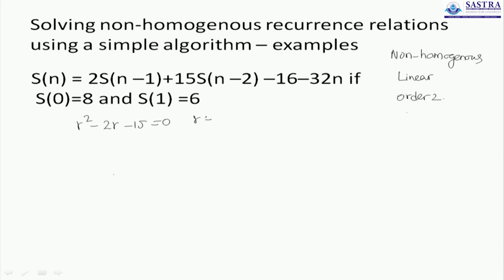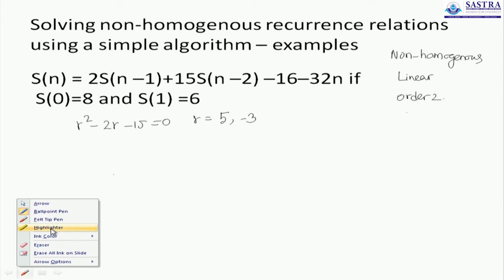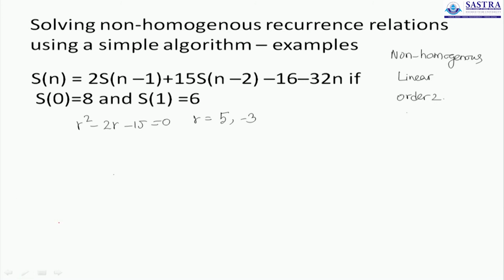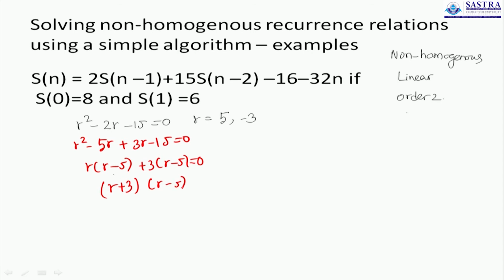You can solve it and get r is 5 or minus 3, because you can factorize this as r square minus 5r plus 3r minus 15 is 0. r times r minus 5 plus 3 times r minus 5 is 0. r plus 3 is 0 or r minus 5 is 0. Therefore, you will have 5 comma minus 3 as the roots.